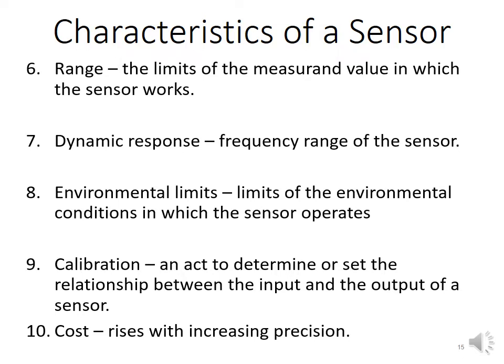So how often will you need to recalibrate your sensor also is a factor in the selection of the sensor. Then the cost of the sensor, and cost rises if you desire better precision. So you need to do a balancing act there in terms of cost and precision.